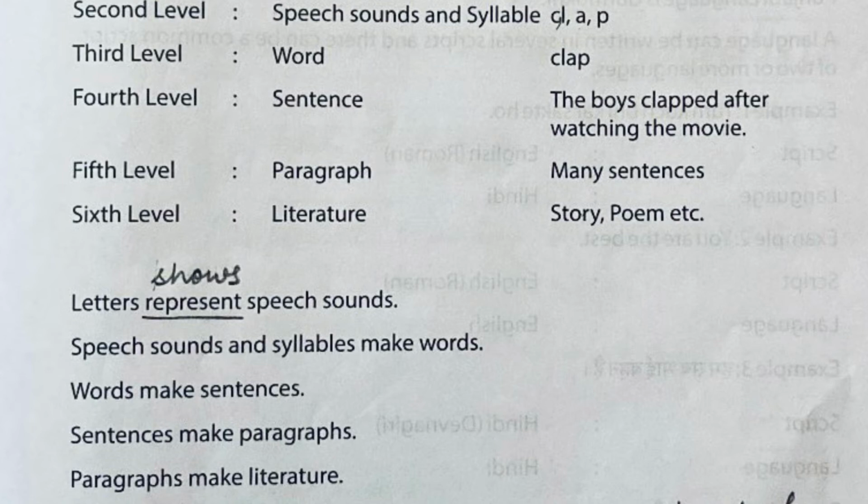A paragraph is a collection of many sentences. When 3 to 4 sentences are put together, it is called a paragraph. Or it can be longer than that, it can include more than 3 or 4 sentences. Okay, and the sixth level is literature.